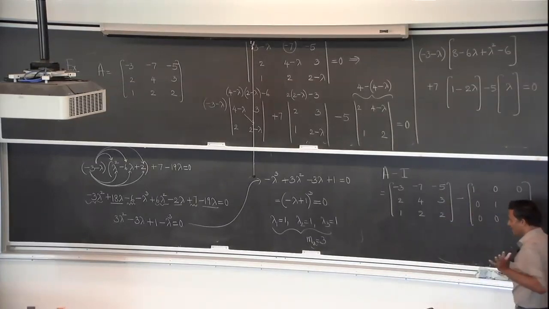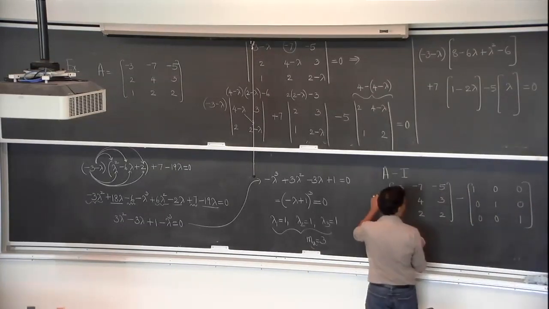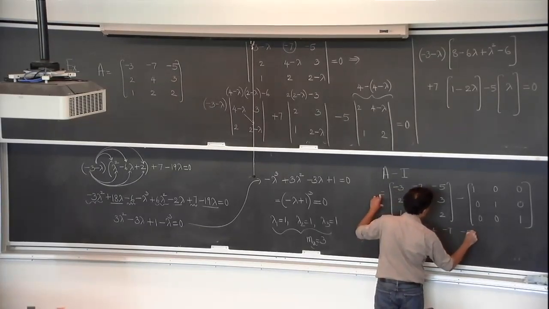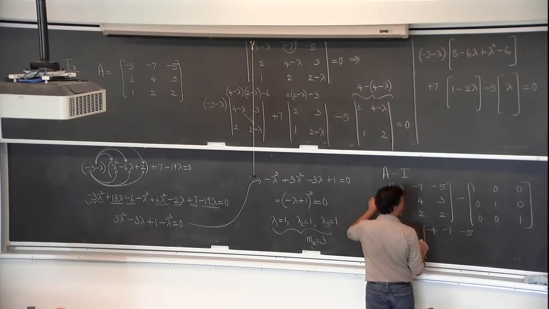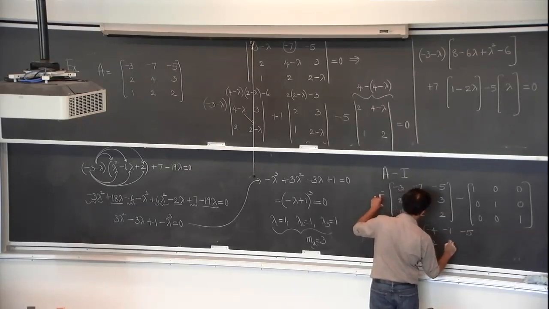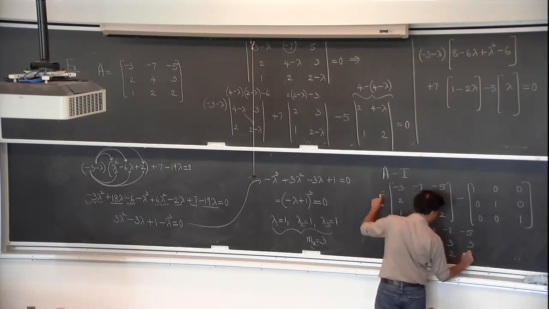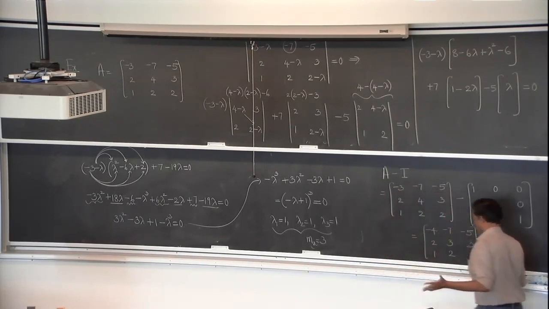And right now I have no idea how many free variables I'll get. It's a matter of chance now. So it's negative 4, negative 7, negative 5, 2, 3, 3, and 1, 2, 1. That's not at all an REF. We have to do some work.